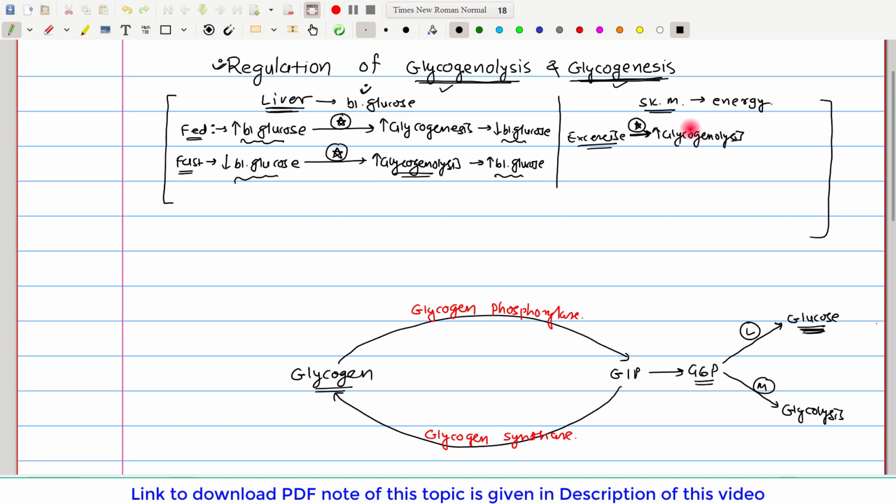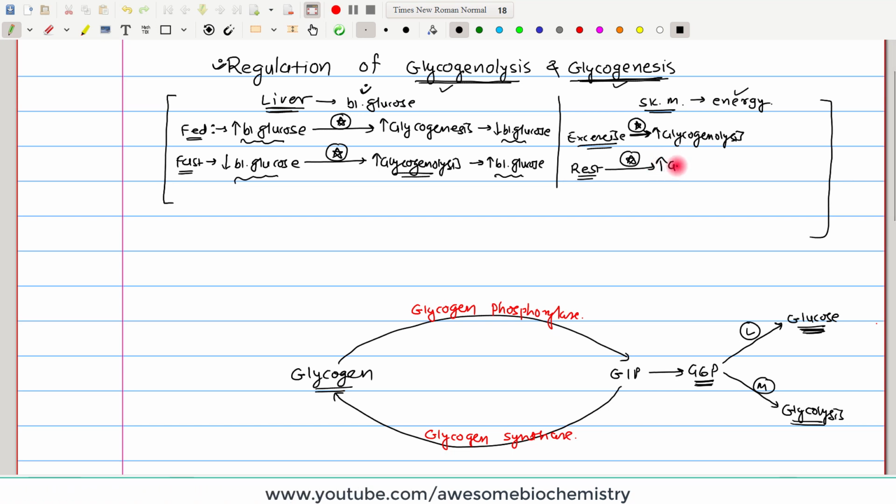By this glycogenolysis, there will be more production of glucose 6-phosphate, and so it will undergo glycolysis to provide energy to the skeletal muscle. The opposite will occur whenever skeletal muscles are at rest. So rest will lead to certain regulatory events and it will lead to increased glycogenesis. So this is the bigger picture.